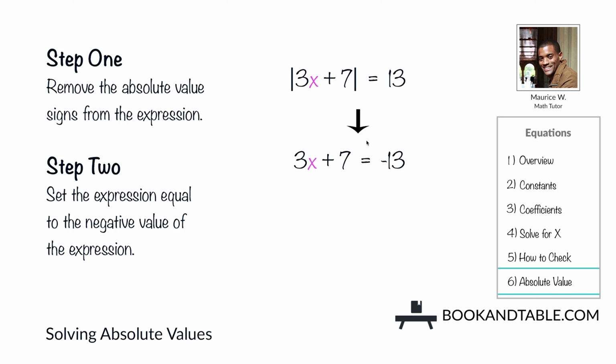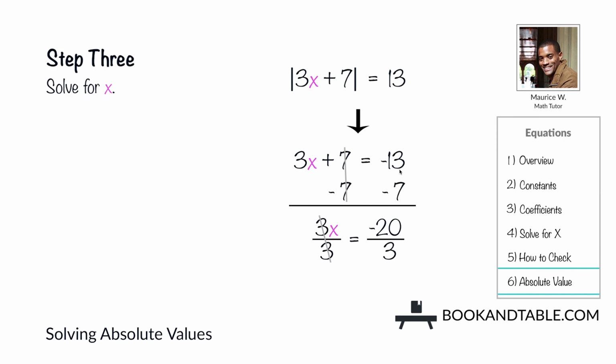And step 2, set the expression equal to the negative value of the expression. So take the positive value that they gave you and multiply it by negative 1. And this is what we wind up with: 3x plus 7 is equal to negative 13. And now step 3, we want to solve for x.